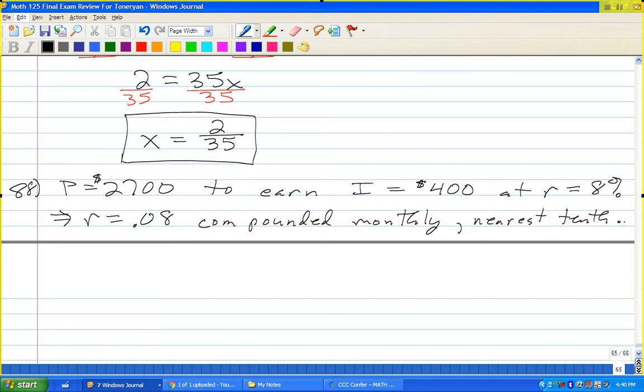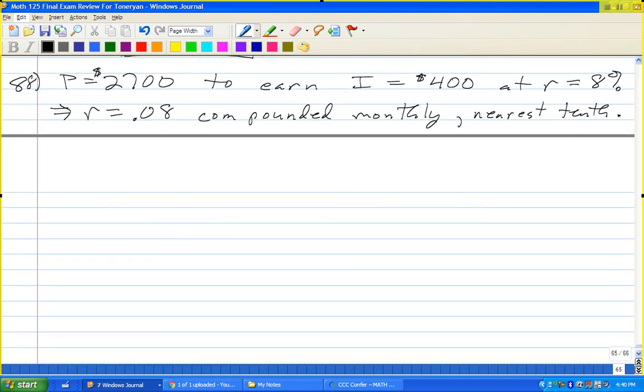Okay, so let's do that. It says use the following formula: A equals P times 1 plus r over n, to the nt.